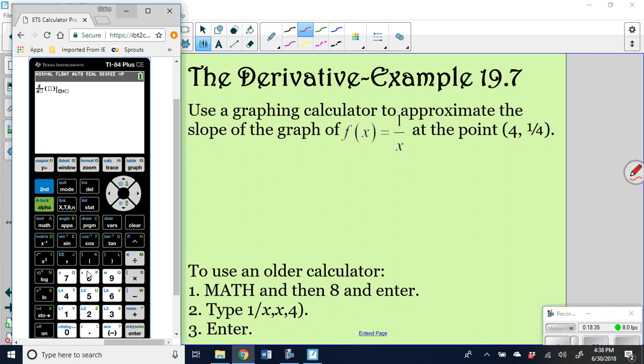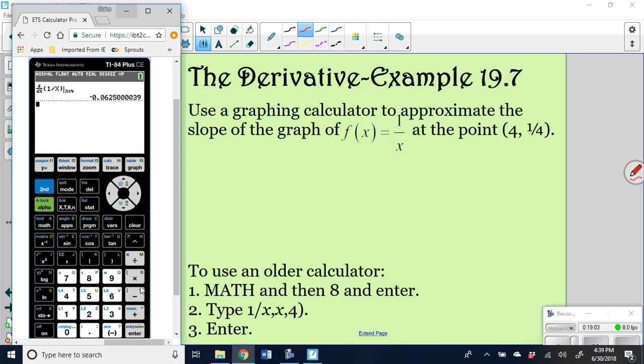If you have an older calculator, it's not, and you'll have to use that information here that I typed up. So our variable that we're dealing with is x, so we're going to put x. Our function is 1 over x. And then when x equals 4, because that's what it says over here. Our x value is 4.